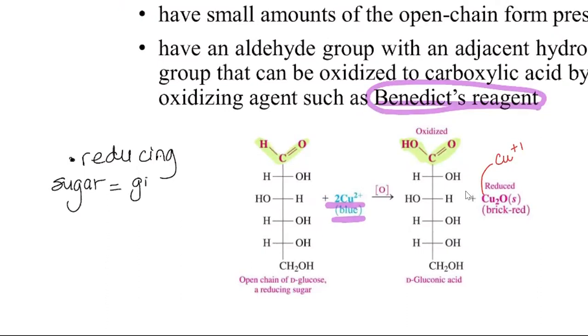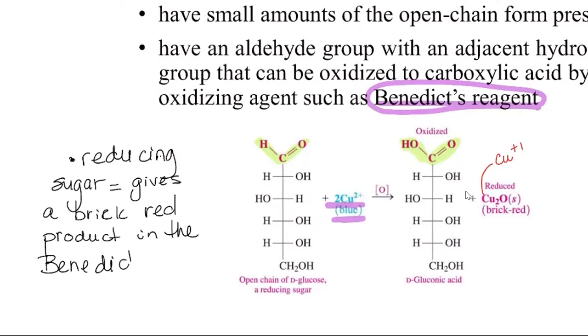It gives a brick red product in the Benedict's reaction. And the reason why we call it a reducing sugar is because the sugar is going to help in the reduction of copper 2 to copper 1.